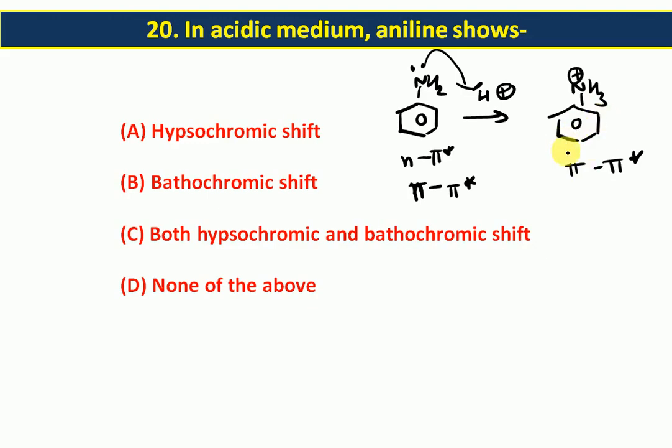So there is no n to pi star in anilinium ion, and due to absence of n to pi star, there will be decrease in wavelength. Aniline will show more wavelength, anilinium ion will show less wavelength. Absorption is shifted to shorter wavelength, that is called blue shift or hypsochromic shift, and it is given in option A.